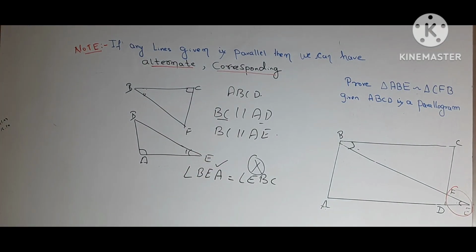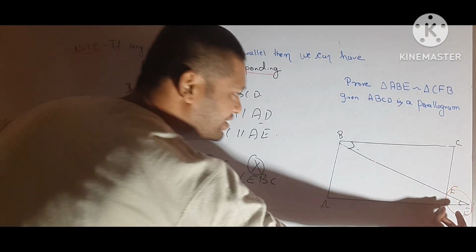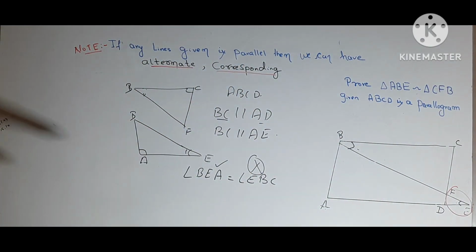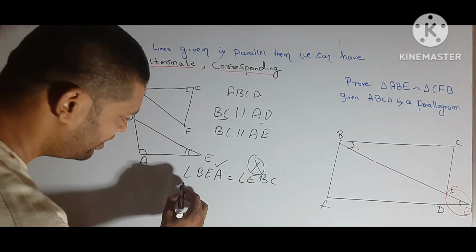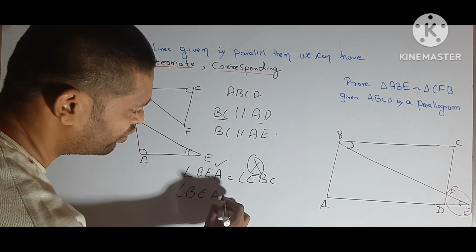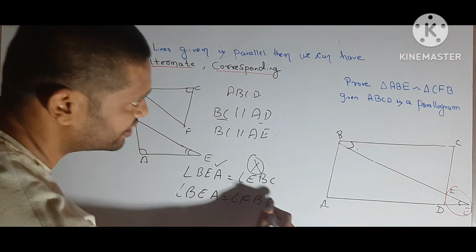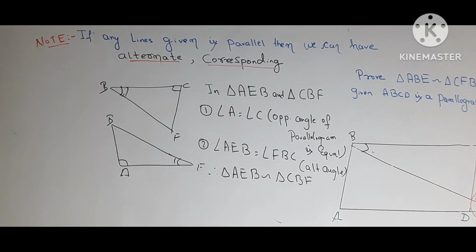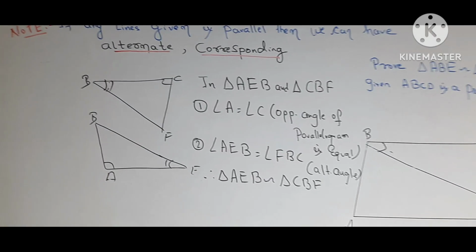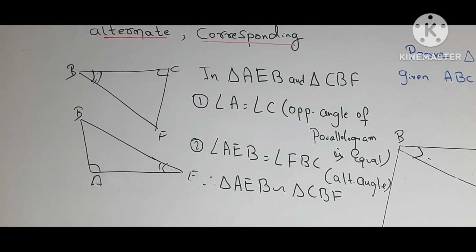Because FBC is the main triangle which we need, and this is produced, meaning these two are equal only. So I can write in the next line, angle BEA equal to angle FBC. Now see, FBC is lying, so you got the second point also. We have used the properties I told you, and we have done the sum.